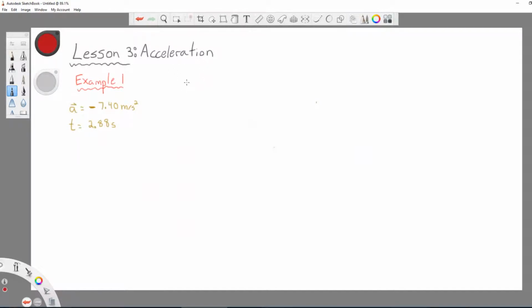Okay, so let's do a little diagram. We have our car. This is just going to be a box, but it's a car. And it is moving at some initial velocity. I'm going to put VI, the I for initial, with a hat on there. And it is some velocity. That's what we're solving for, right?